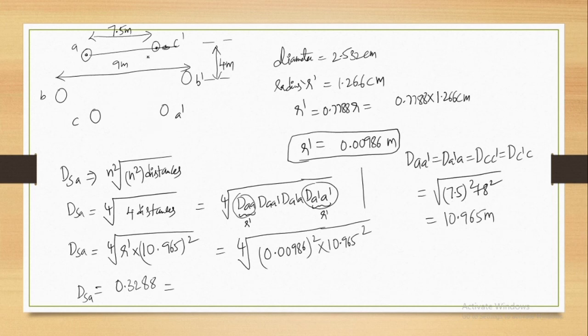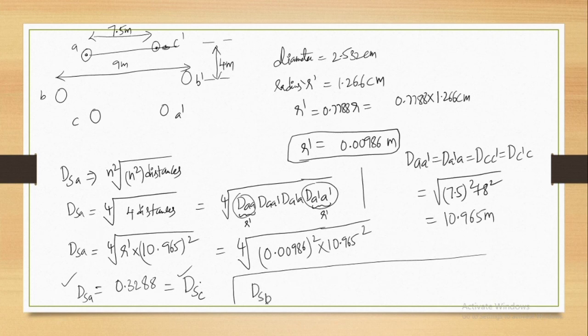Also have C and C dash, which are at the same distance, and R dash will be same. So you will get DSA same as DSC. So DSA completed, DSC completed. No need to find DSC separately using this formula, which is fourth root of four distances. Now out of 3 we got 2.